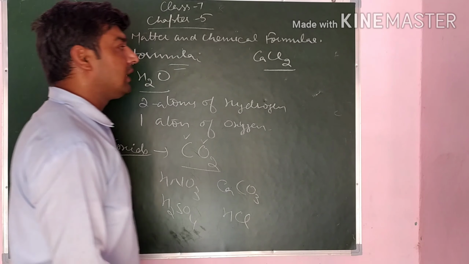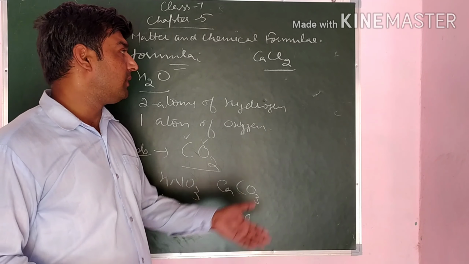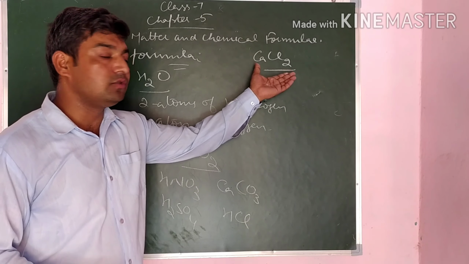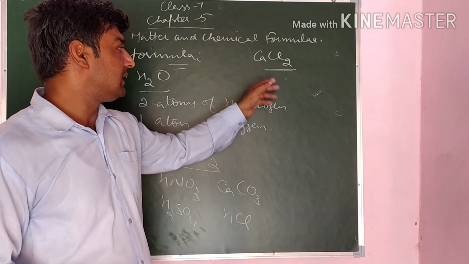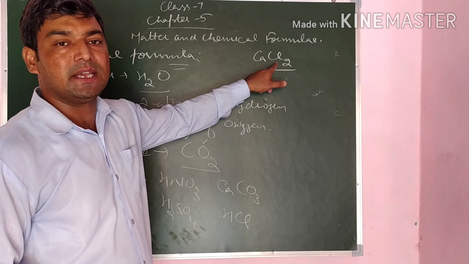These are all molecules that are represented in their symbolic form, and to write the symbolic form we use the symbols of their elements. Like the symbol of calcium is Ca, the symbol of chlorine is Cl.